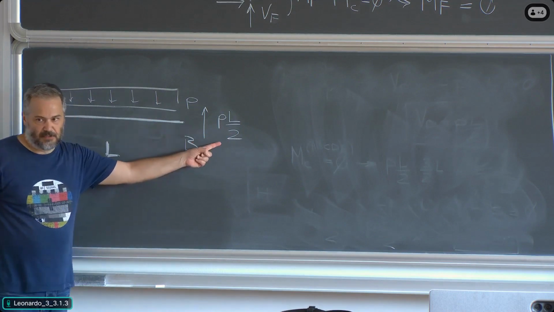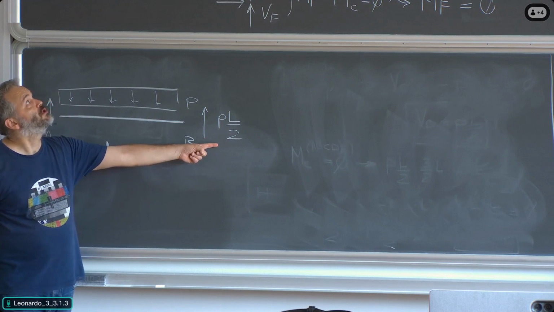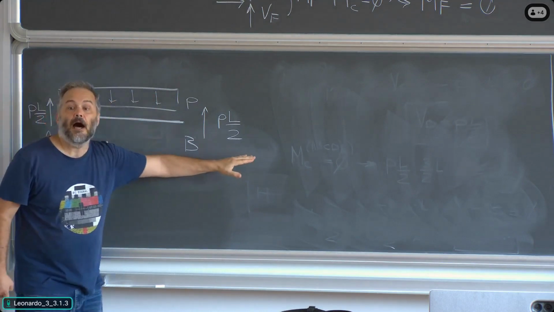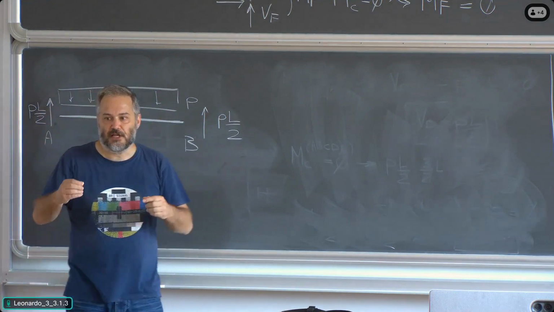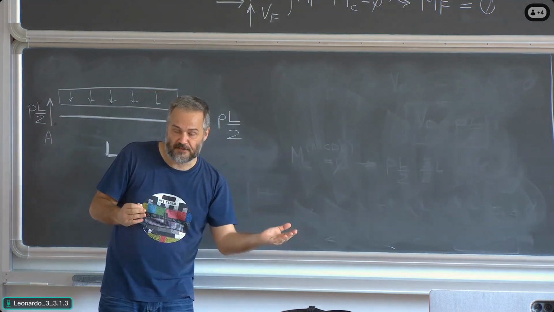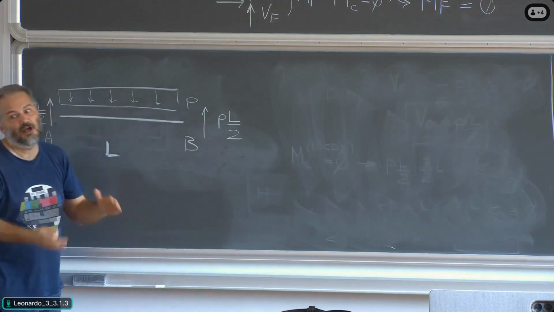This is not, and it shouldn't be, equal to the force in the tie BE. Okay? This is a part of that force. Remember what I said previously? The force in the tie BE results from something coming from the left, something coming from the right. Now, this is what comes from the left.